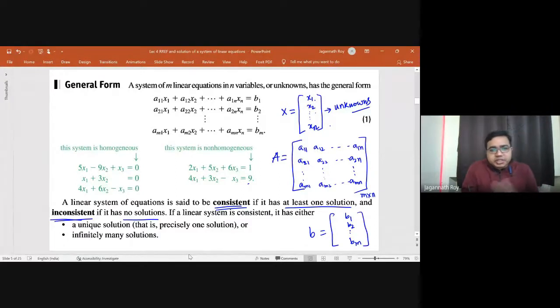A consistent system can also be divided into two classes of problems: one having a unique solution, another having more than one or infinitely many solutions. Unique solution or many solutions.